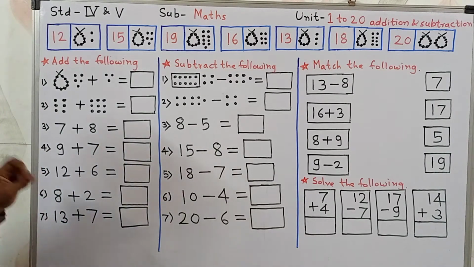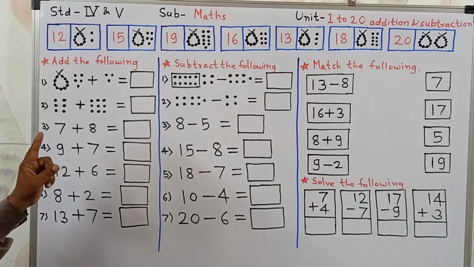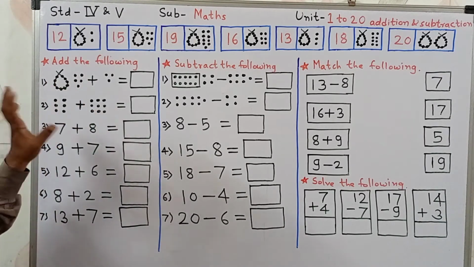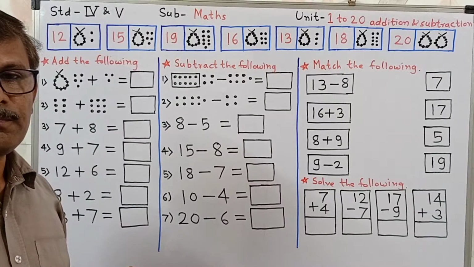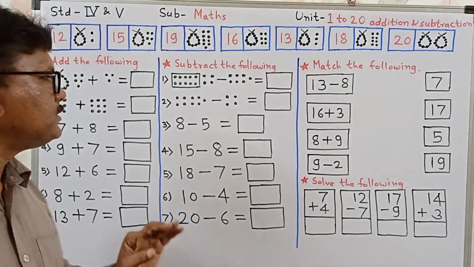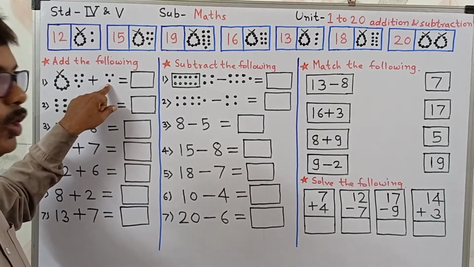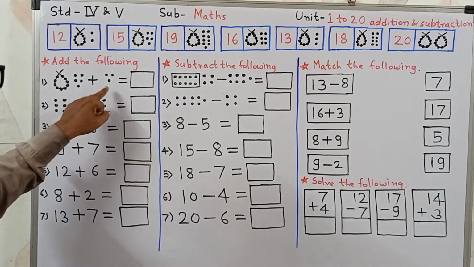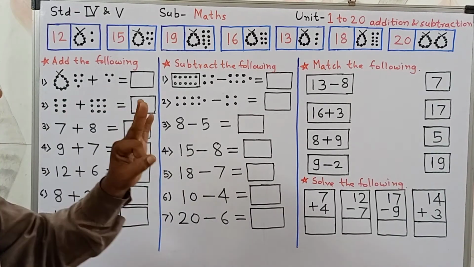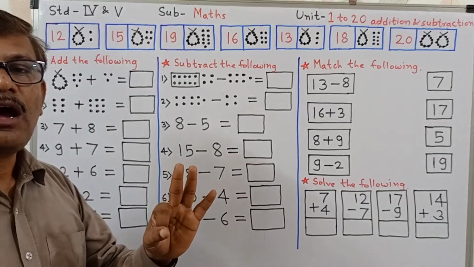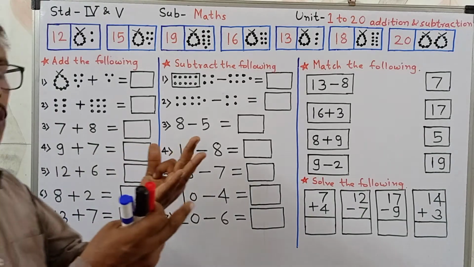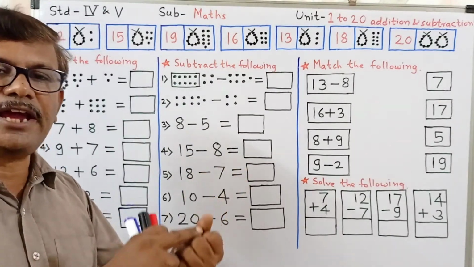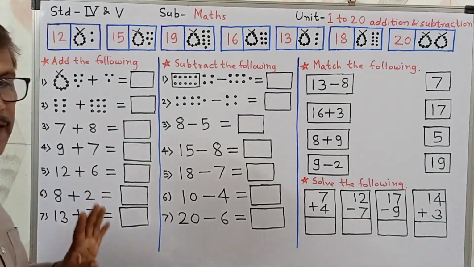Listen again. First take the smaller number. 3 is the smaller number. So you take fingers according to the smaller number. Take 3 fingers and count after the bigger number. 15 is the bigger number. So count after 15. 16, 17, 18. So the answer is 18.